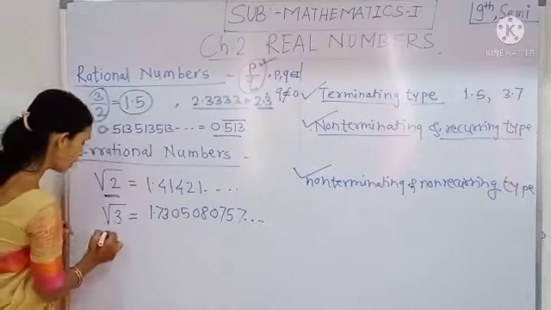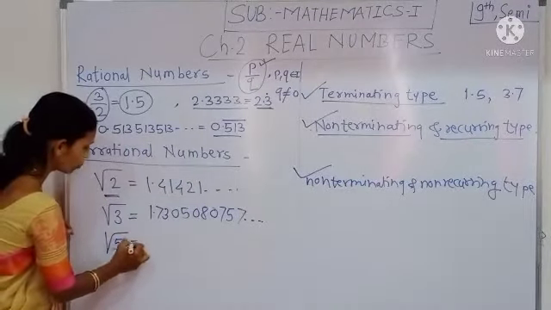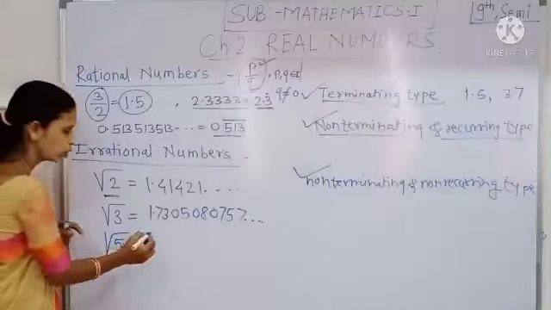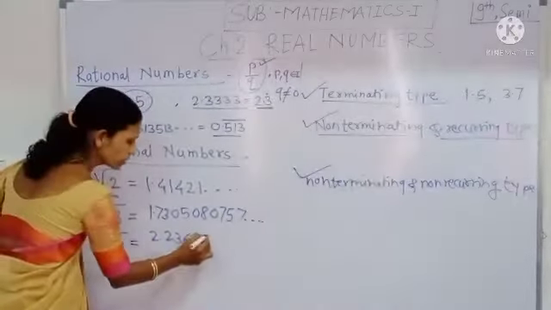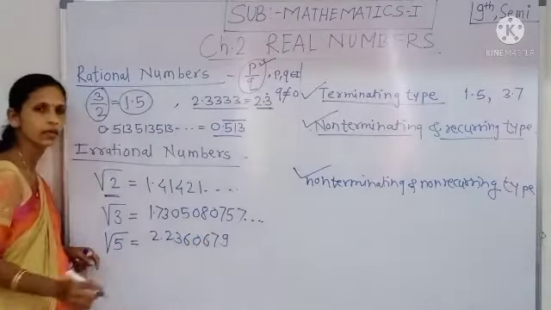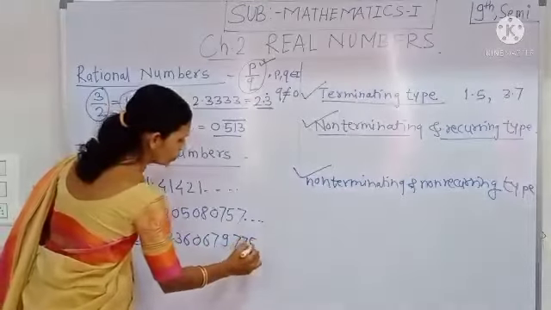As well as, we can write the value of root 5, that is 2.236067975.